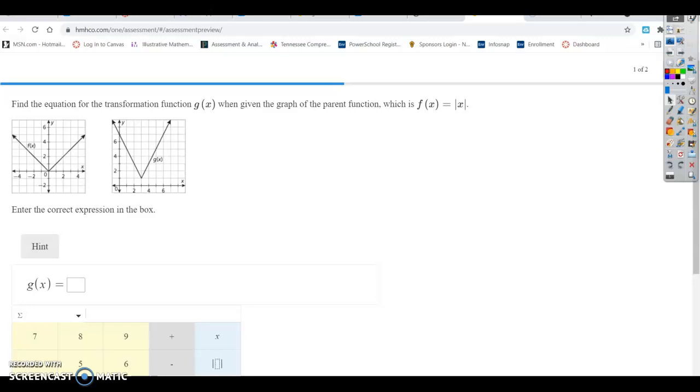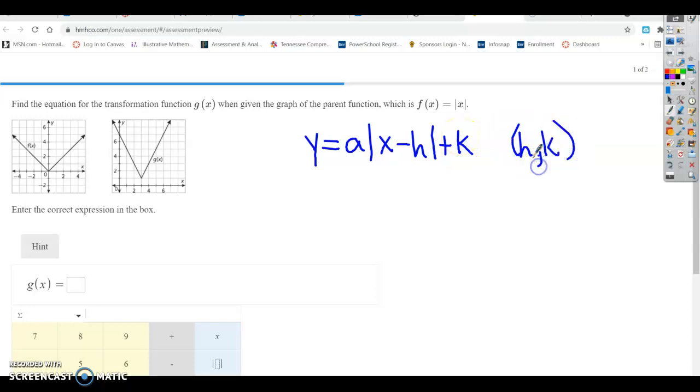So you can automatically see that the vertex has moved from (0, 0) to (3, 1). So we can go ahead and use that in our equation. So we know that y equals, let's put an a here, and then absolute value, x minus h plus k, and (h, k), remember, is our vertex.